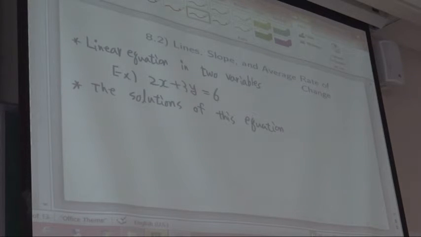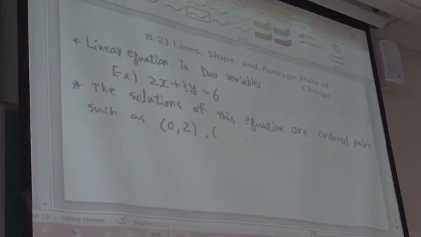And we're going to look at only two of them as ordered pairs. For the simple case, when x is 0, what is the y value, which makes this a true statement? When x is 0, plug in x is 0, what is the y value? 2. So (0, 2) is a solution.